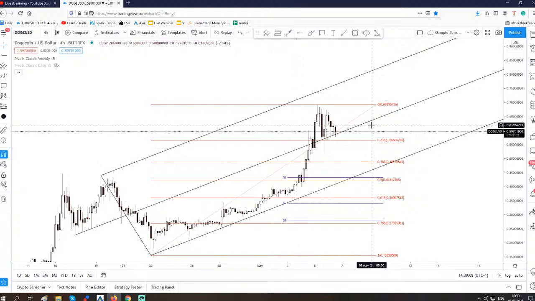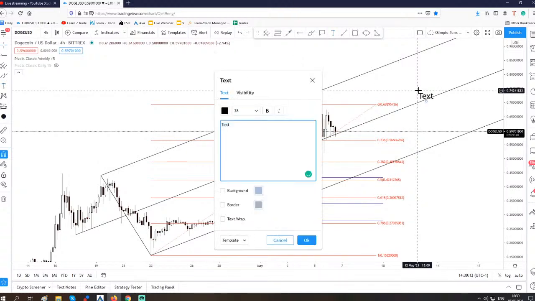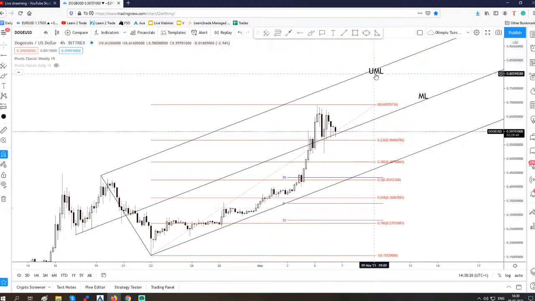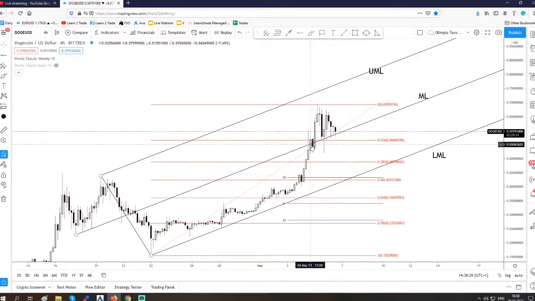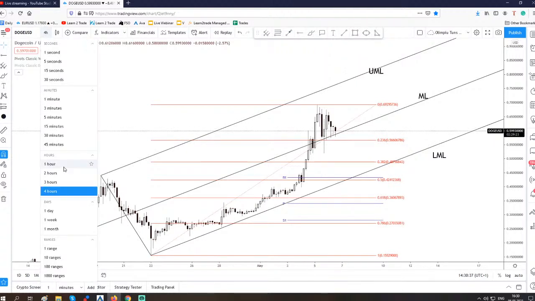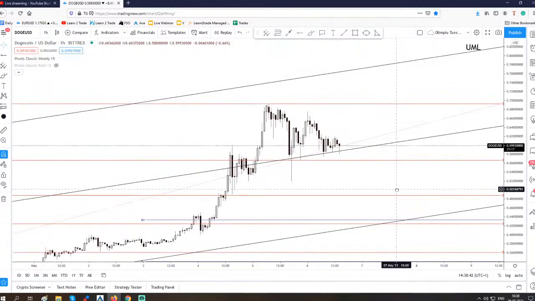And now if the price stabilizes above our medium line, then it could maybe continue to increase towards our second target, towards the upper medium line of this ascending pitchfork. And here we have the lower medium line, guys. So the price has jumped above the medium line, and now it has registered only a false breakdown, and now it's testing and retesting it, and maybe we'll have a new long opportunity here soon again on the Dogecoin.